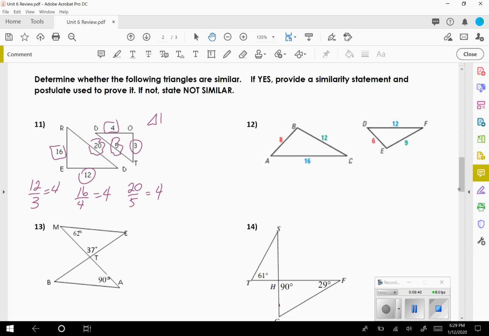So triangle RED, we went down the medium side and then across the short side, is similar to triangle DOT. Because again, medium side, then short side. And it's by side, side, side.